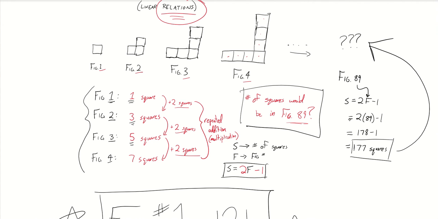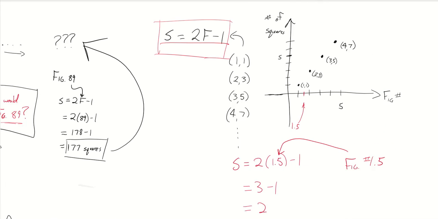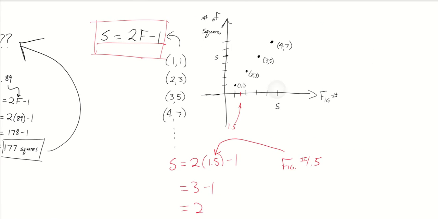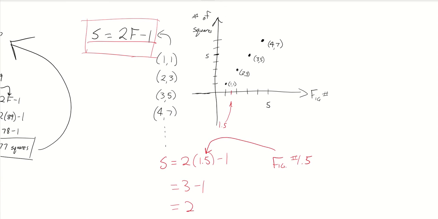So because of that, we say we can only plug whole or natural numbers, let's say. We can only plug natural numbers in for f. And so because we can only plug in natural numbers for f, we can't plug 1.5 in here. It doesn't make sense for the situation that our relation is modeling. And so we can't really justify filling in all of these points here.